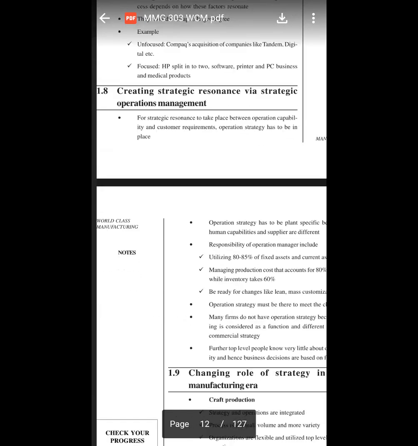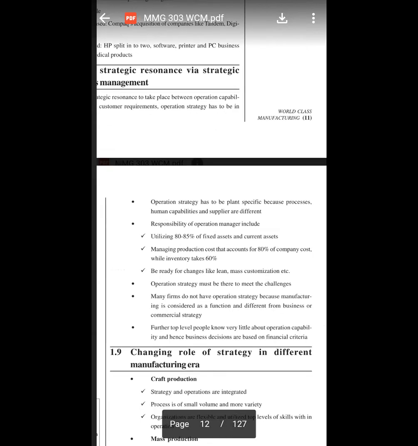See, for a strategic resonance to take place between the operation capabilities and customer requirement, operation strategy has to be in place. Now, operation strategy has to be plant specific because processes, human capabilities, and suppliers are different.